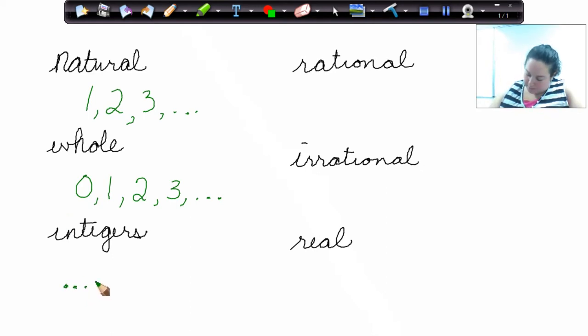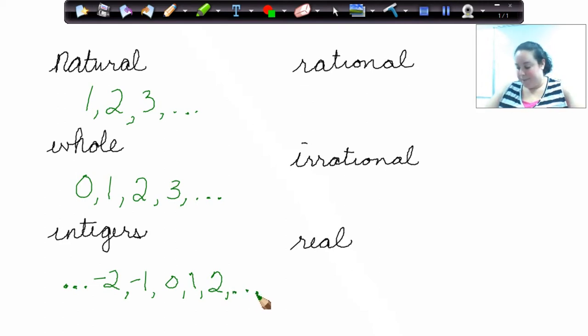So, for example, -2, -1, 0, 1, 2, etc. Going on forever in both directions, the positive direction and the negative direction.